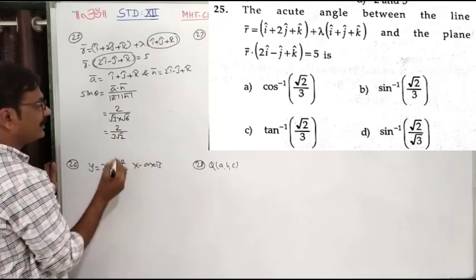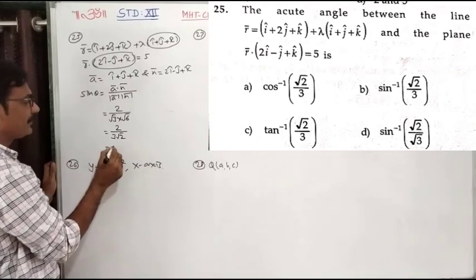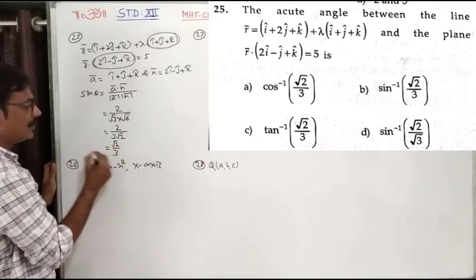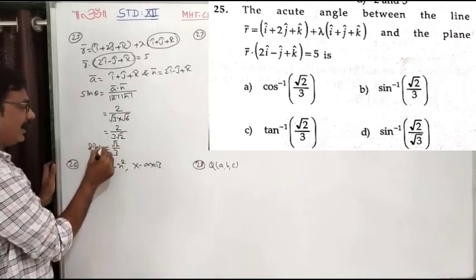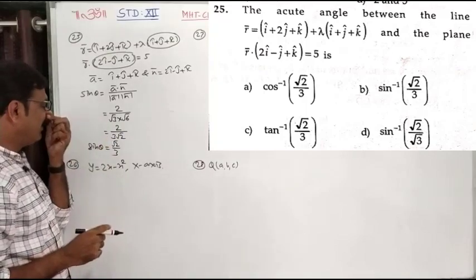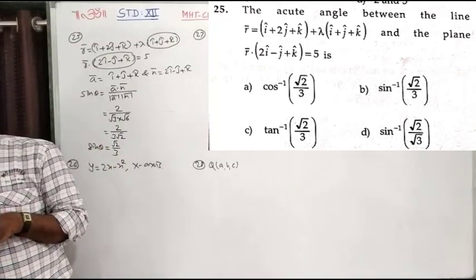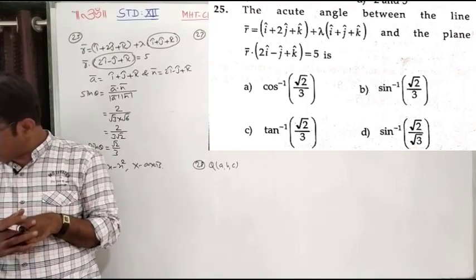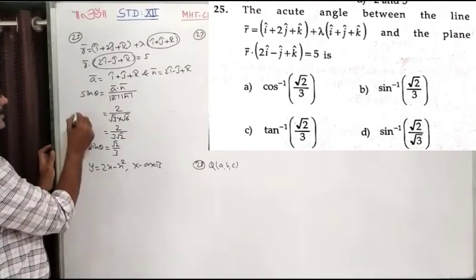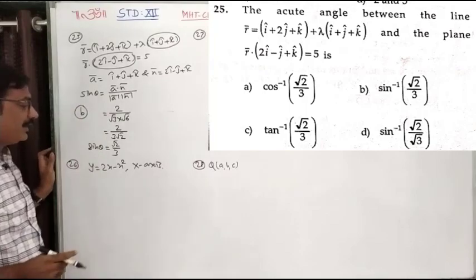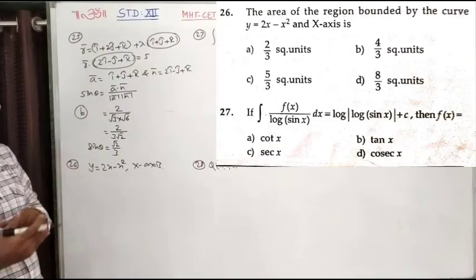So it is 3 root 2. So root 2 upon 3, that will be your sin theta by cancelling one of the root 2 from the numerator. What is the option? Sin inverse of root 2 upon 3. Option is B.